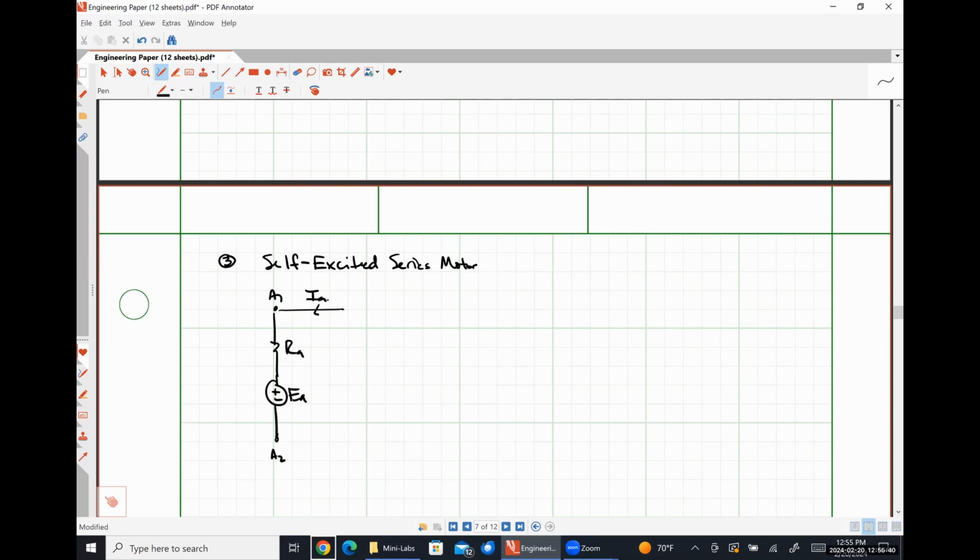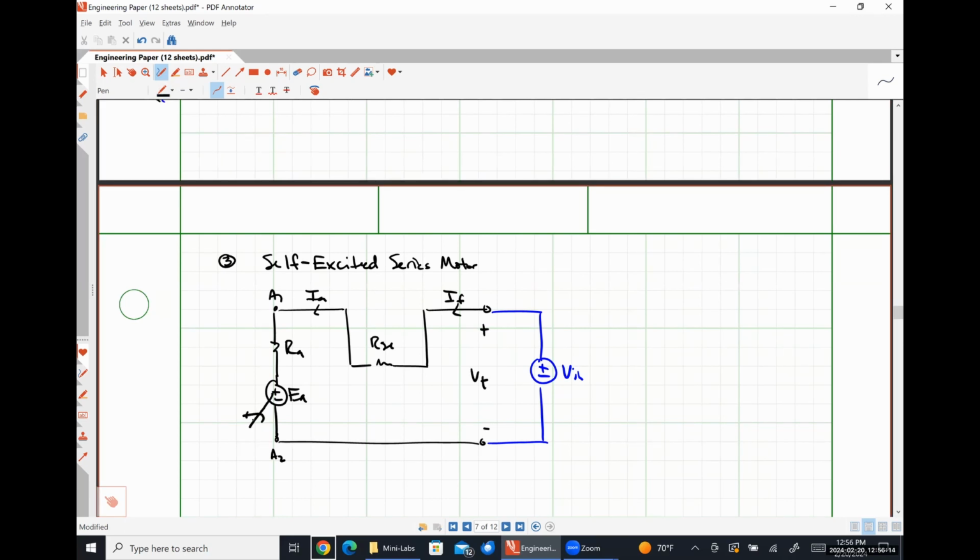Here's our armature current, IA, RSE. Current IT. And my input voltage here, so it's obvious. Here's VT, and here is my shaft spinning at some angular frequency, omega m.